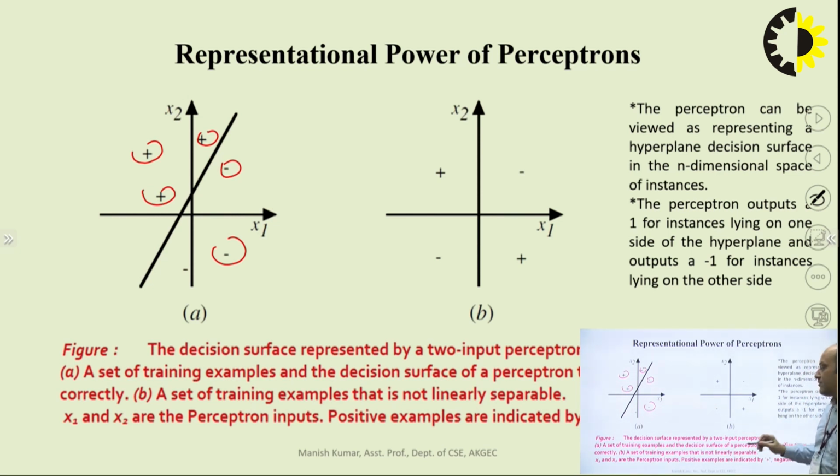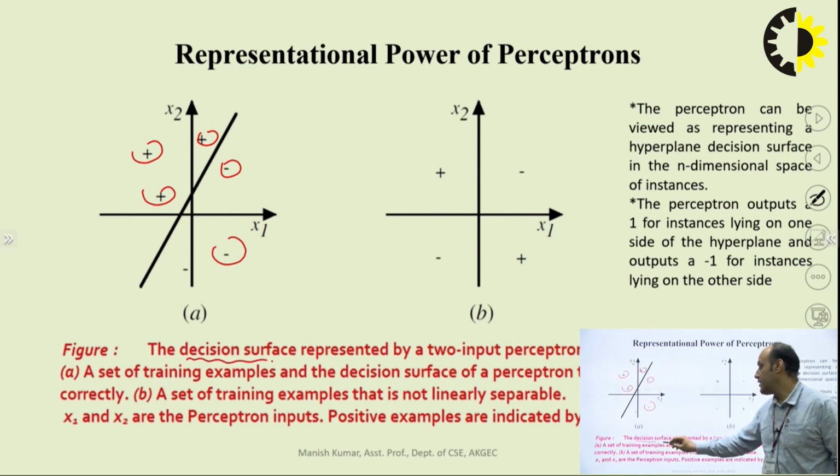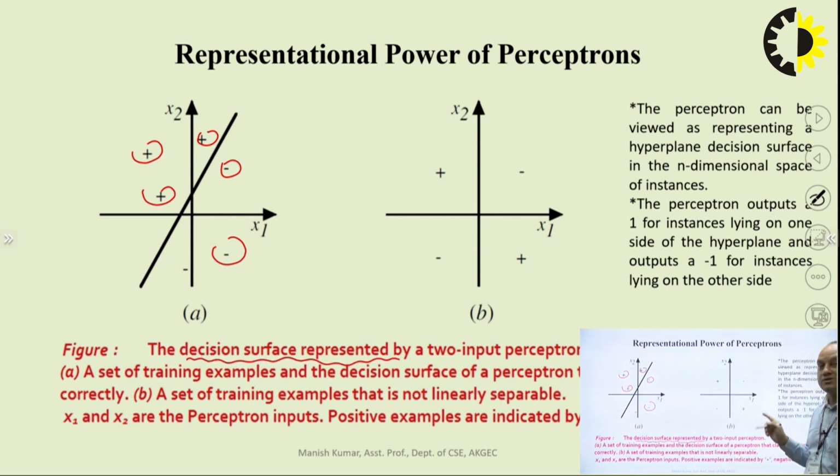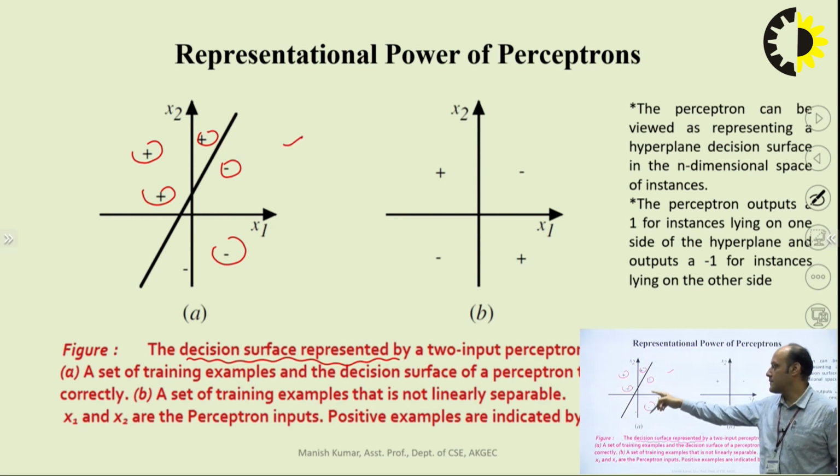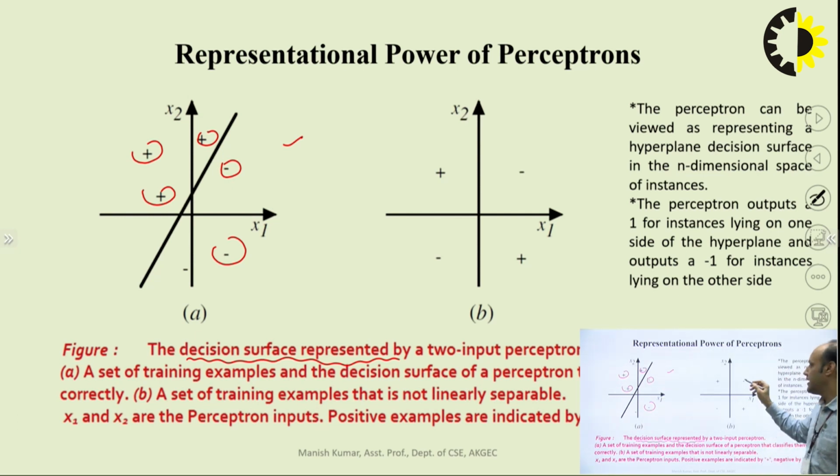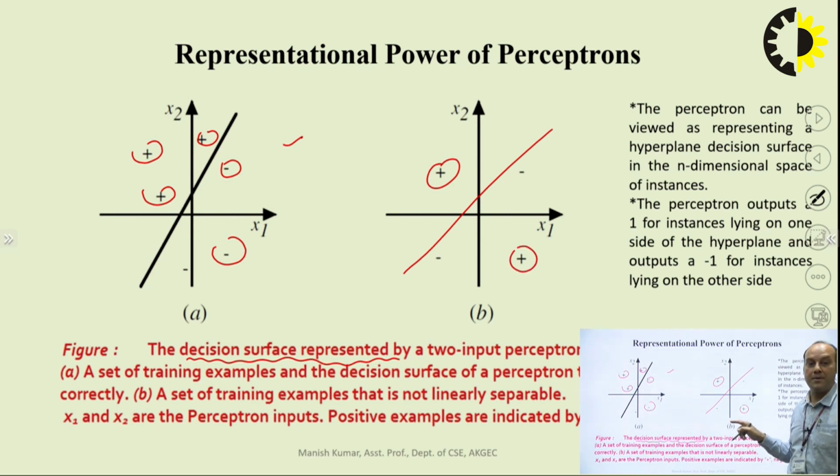For that, we represent it using a decision surface representation. This diagram is a decision surface representation. In this first diagram, the decision surface is linearly separating the points. Here we can't separate linearly, because positive examples lie above and also below. So this is not linearly separable.